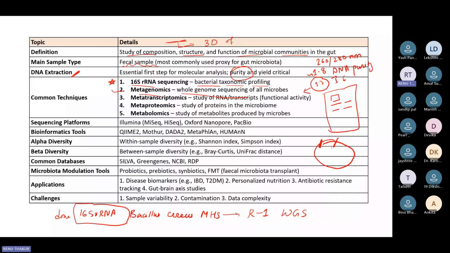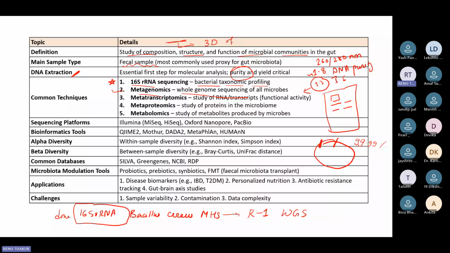So we have already done it, but the reviewer actually recommended that we can go for the whole genome sequencing. So if you are doing the 16S rRNA, then you can say there is 99.99% surety that if you have identified this as Bacillus cereus, or whatever be the species or bacteria, you are only 99.99% sure, which is acceptable, nothing wrong in it.